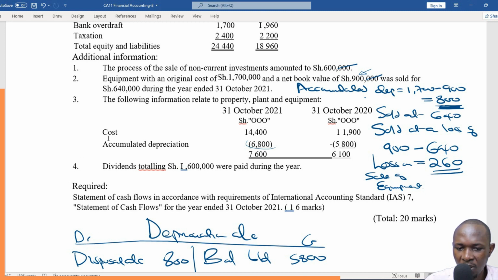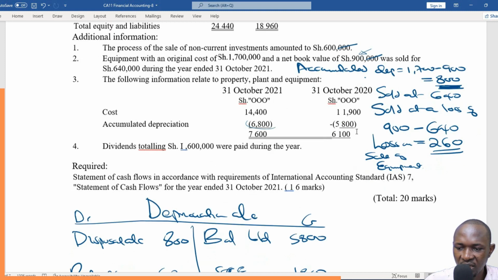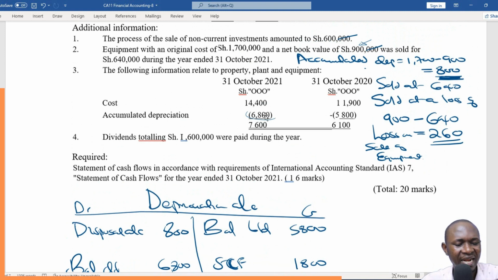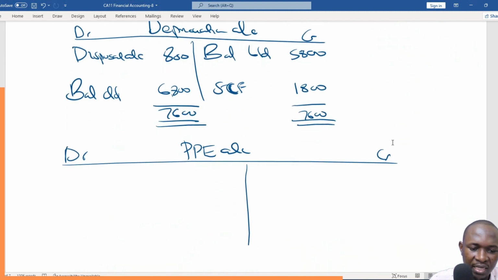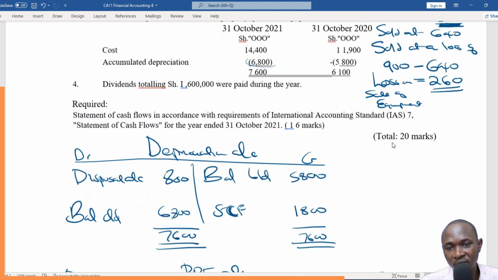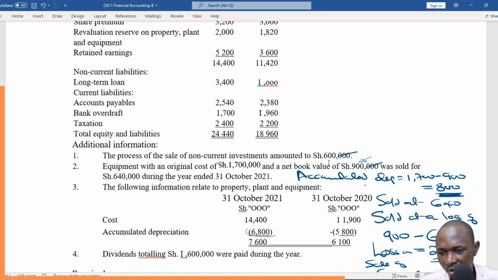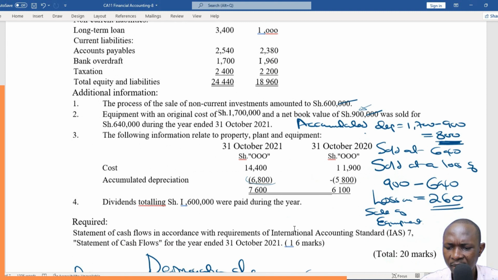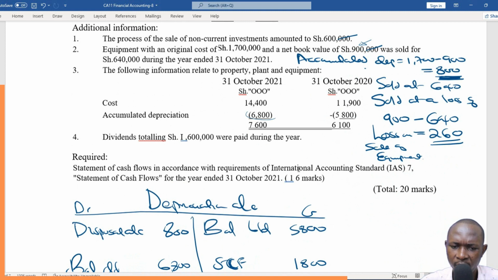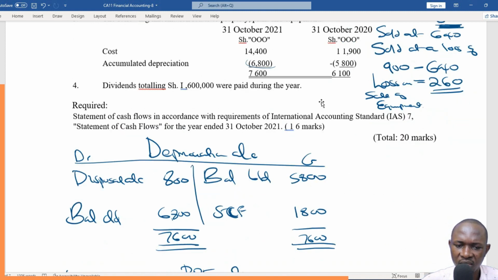So how much did we start with at the beginning of the year? 11,900. And because this is an asset, a debit account, we'll come here and say balance brought down, 11,900, because assets are always debit accounts unless otherwise. So cost 11,900, and then of course this will be the closing balance 14,400.